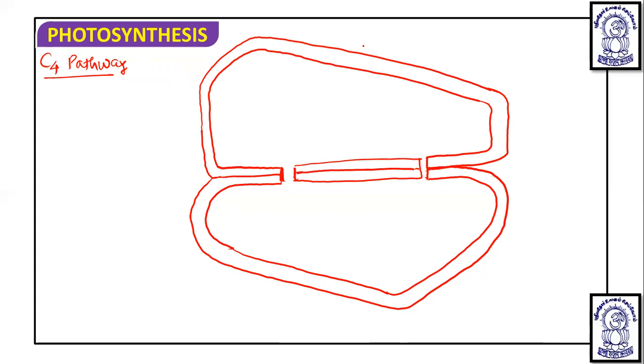So this is the cell wall of plant cells, and this is the plasma membrane.